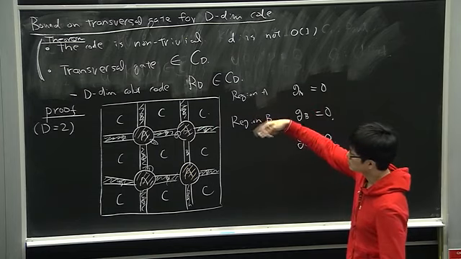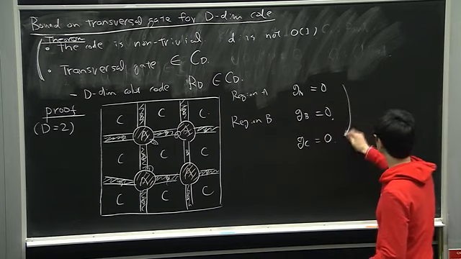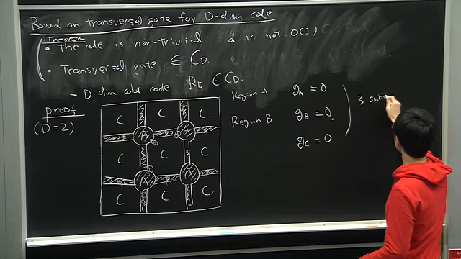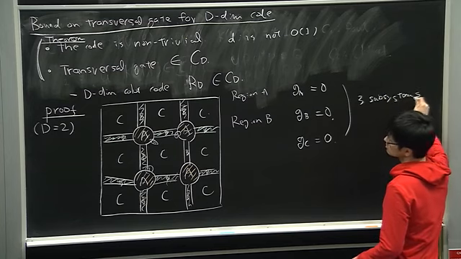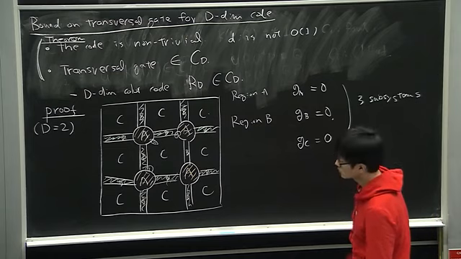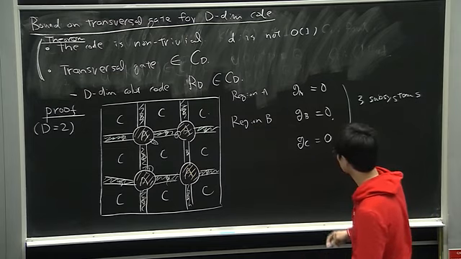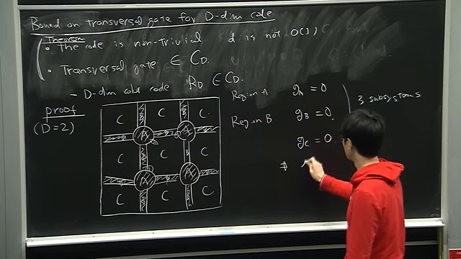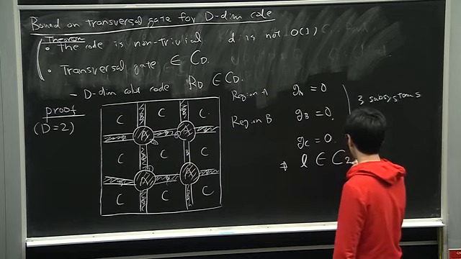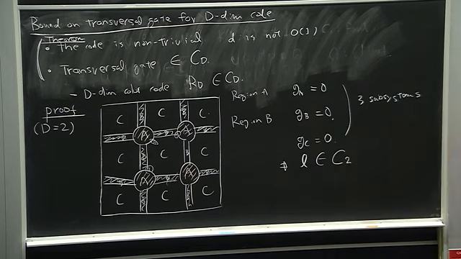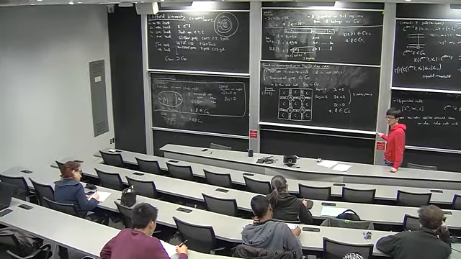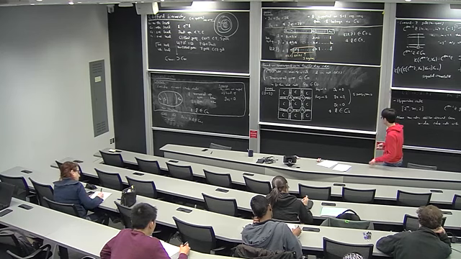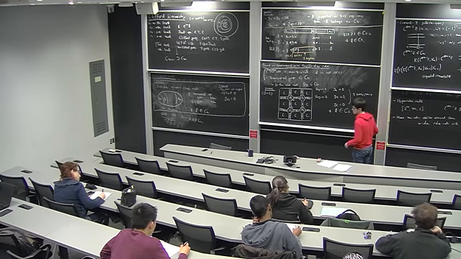Now, we have split the system into 3 regions, so 3 subsystems. And, well, so this is an M equals 2 example. So this means that L should be in C2. Yeah, right. Any question? Makes sense? Good, good.